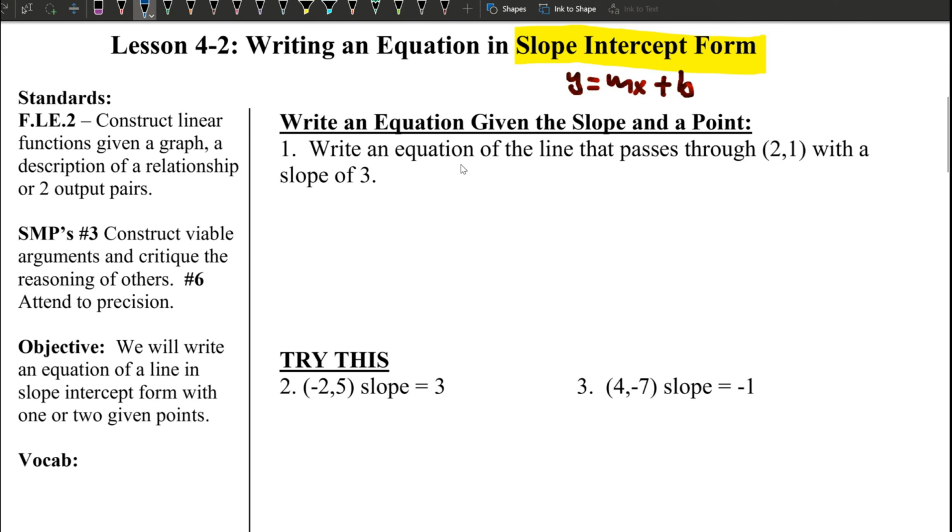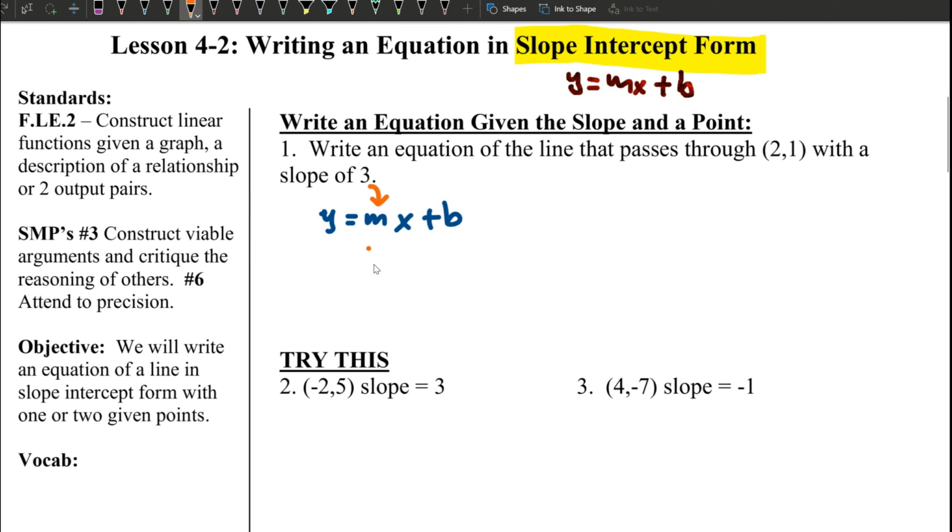Okay, example 1, writing an equation of the line. Write an equation of the line passing through the point (2, 1) with the slope of 3. So slope-intercept form, y equals mx plus b, right? So far we know the slope is 3.